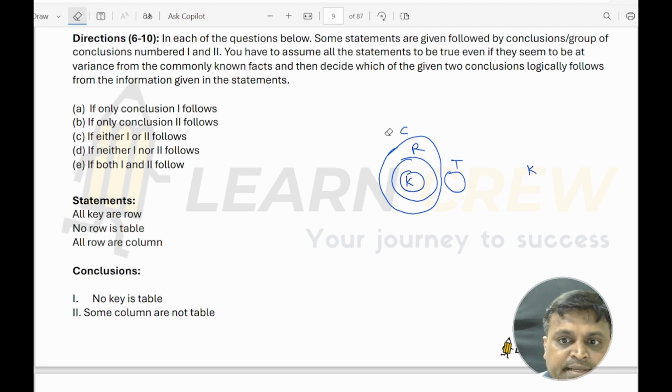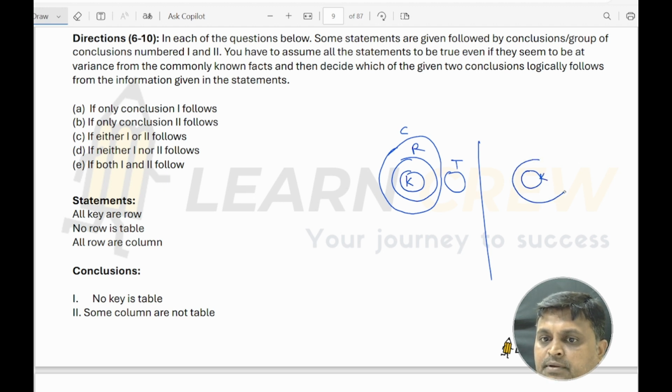The other possible case, please see here. All key are row. No row is table. All row are column.